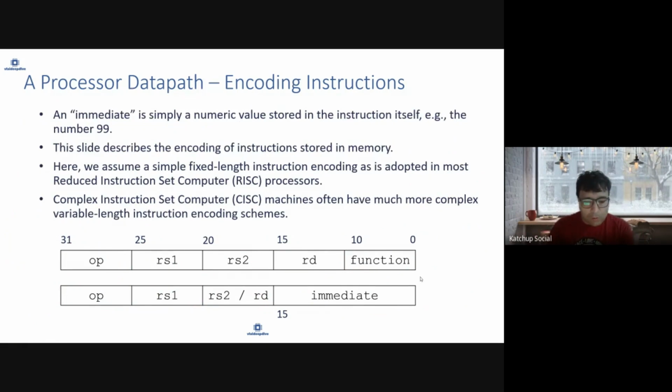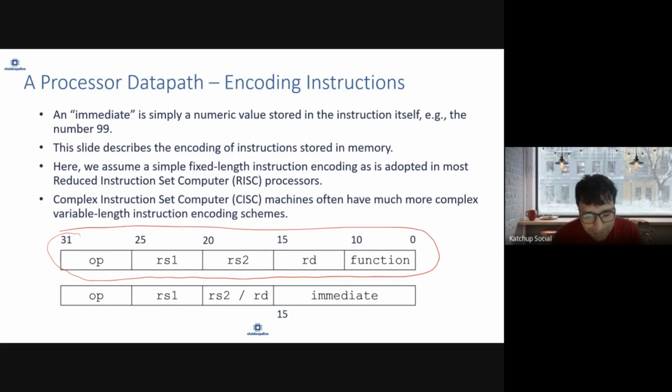Let us now look at encoding the instructions. We talked about the opcode, and this is one way of encoding your instructions. And this is another way. Here, rather than the second operand and function, you have something called an immediate. An immediate is simply a numeric value stored in the instruction itself.